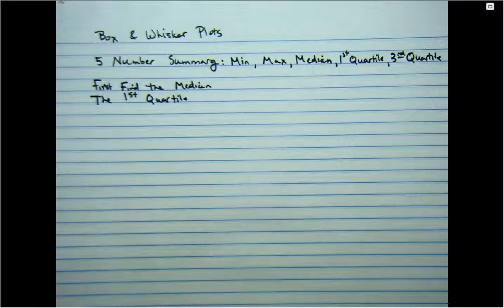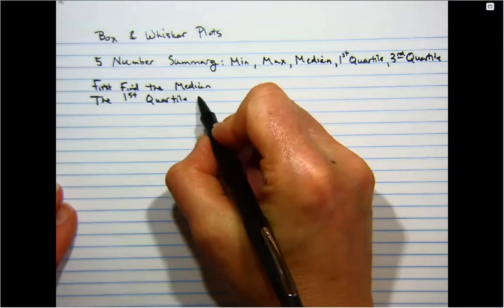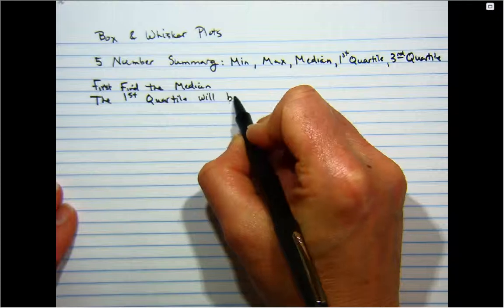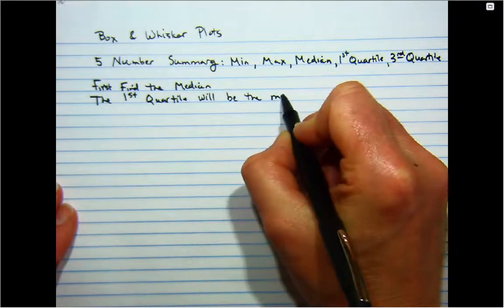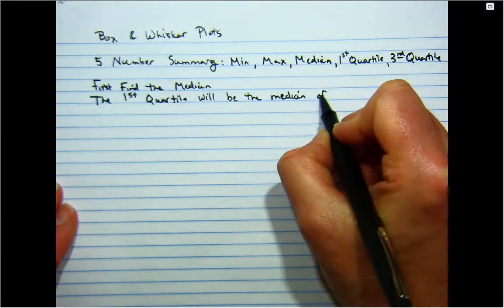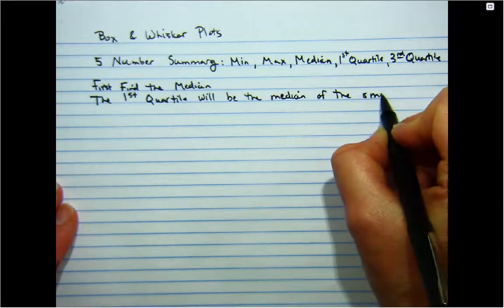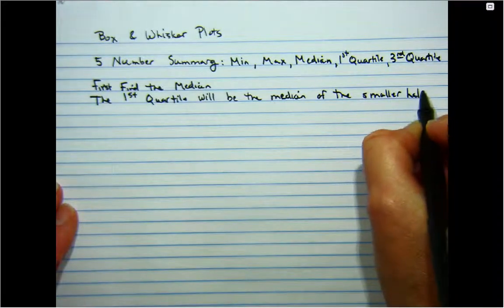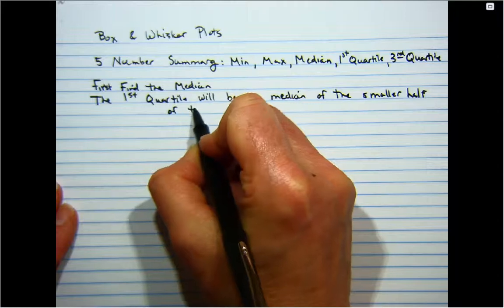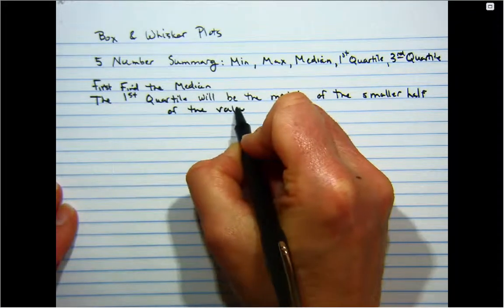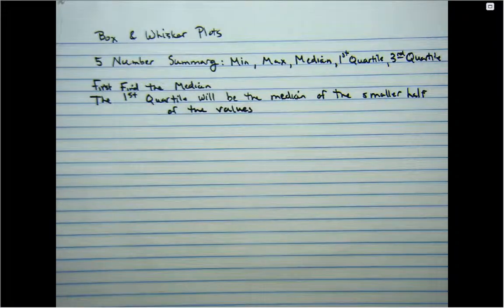Then the first quartile will be the median of the smaller half of the numbers that you have. We'll look at an example of this in a minute. The first quartile will be the median of the smaller half of the values.